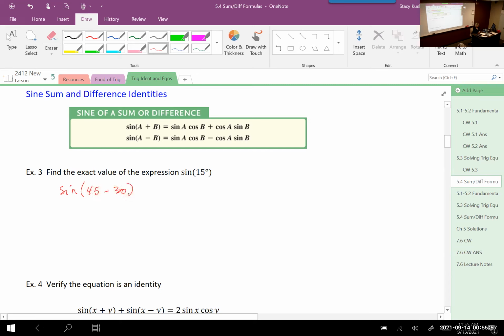So now I'm going to apply the difference identity for sine. So that's going to be the sine of the first angle, 45, times the cosine of the second, which is 30, minus the cosine of the first times the sine of the second.